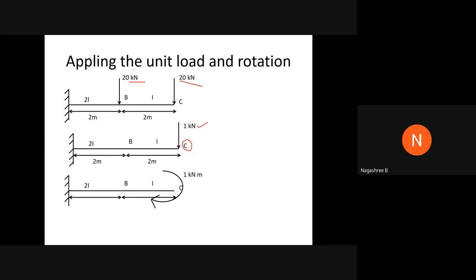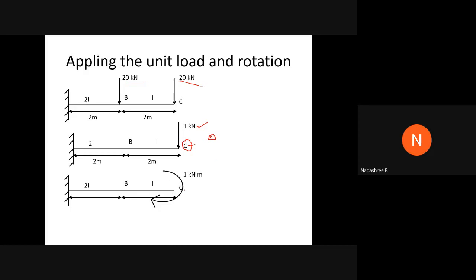The deflection is asked exactly at point C, so at that point itself we are assuming the point load of 1 kilonewton. Similarly, this is for the second case, the deflection, that is the delta calculation.